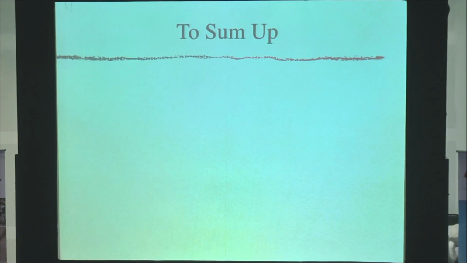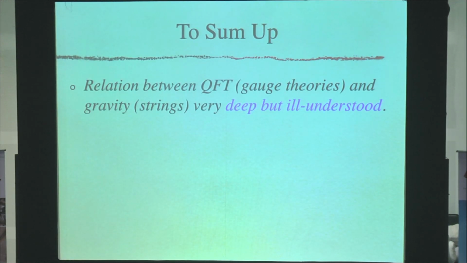So let me just sum up by reiterating some of the points. The relation between quantum field theories and gravity or string theories is in some sense very deep, but it's ill understood. But you can already see the power of this connection in very simple toy models in revealing very unexpected features of theories that you thought you understood very well and had studied very well.